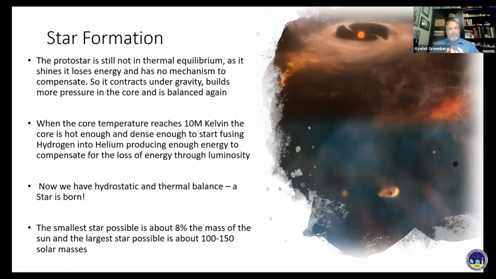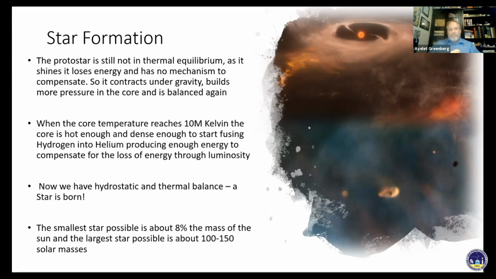They start smashing into each other and fusing, and that is the process that starts nuclear fusion in the heart of a star. And now we have an object that is both in hydrostatic equilibrium, the balance between pressure and gravity, and thermal equilibrium. It's generating energy in the core that is equal to the amount of energy that it's losing through luminosity. And that is when a star is born.